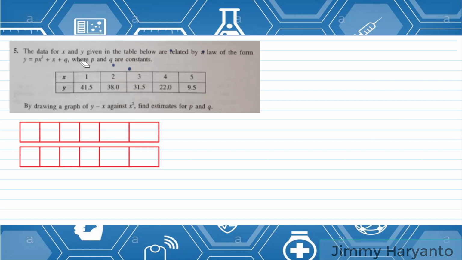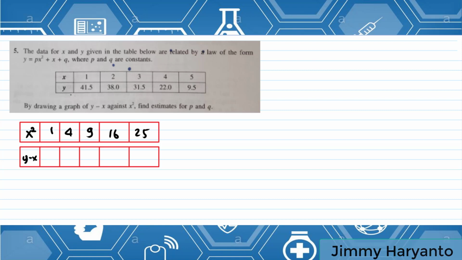Okay, for number 5, we will have to plot y minus x against x square. So we will have to create two tables because we don't have x square and we don't have y minus x. The first is x square and the second one is y minus x. X square means you have to square the x. 1 square is 1, 2 square is 4, 3 square is 9, 16 and 25.